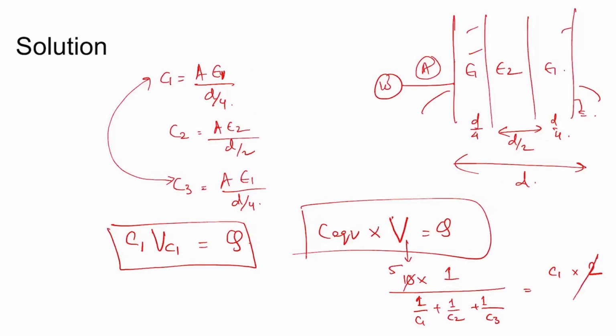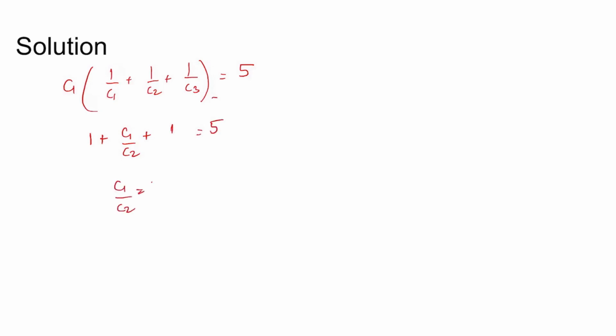So we can say this is 5. So C1 into (1 by C1 plus 1 by C2 plus 1 by C3) equals 5. Now C1 and C3 are the same, so 2 plus C1 by C2 equals 5.